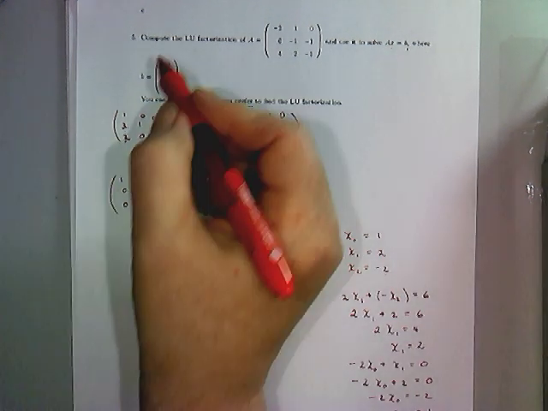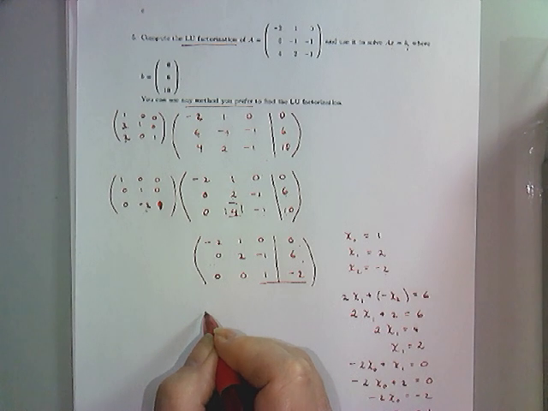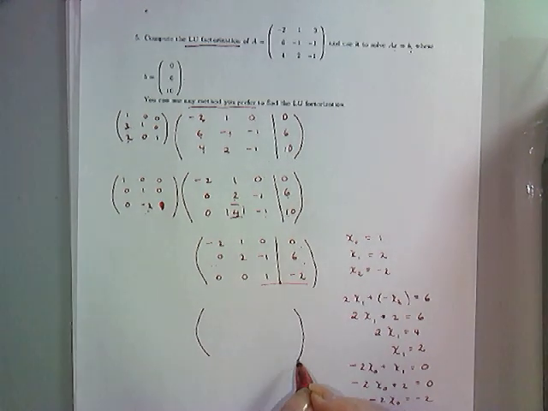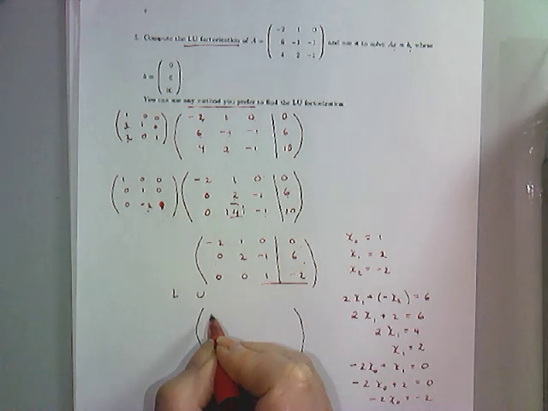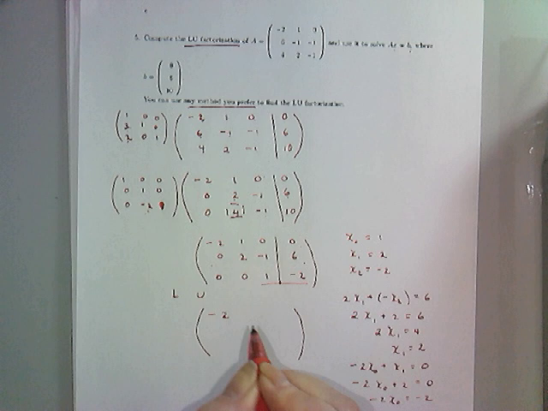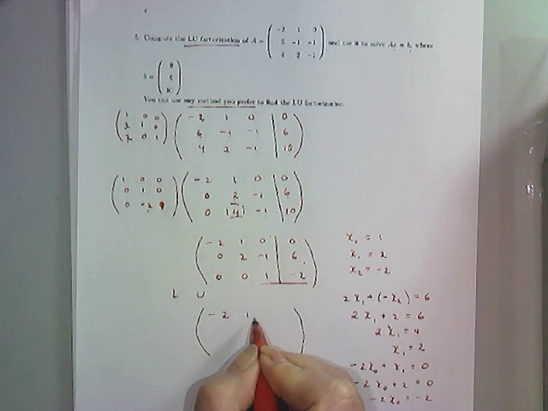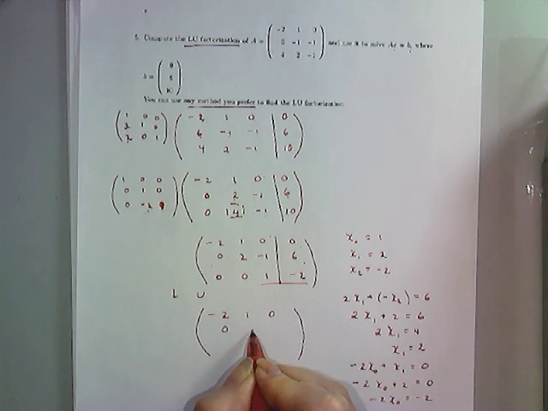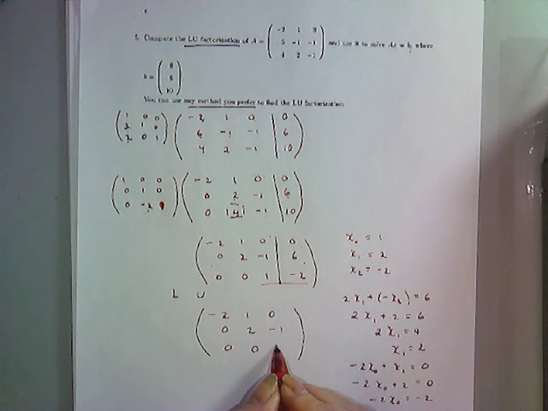But the other thing I was supposed to do is to write out the LU factorization. Now I know what U is. It's the upper triangular matrix with these entries: negative 2, 1, 0, 0, 2, negative 1, 0, 0, 1.